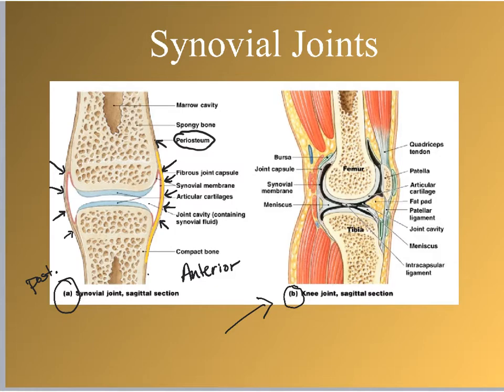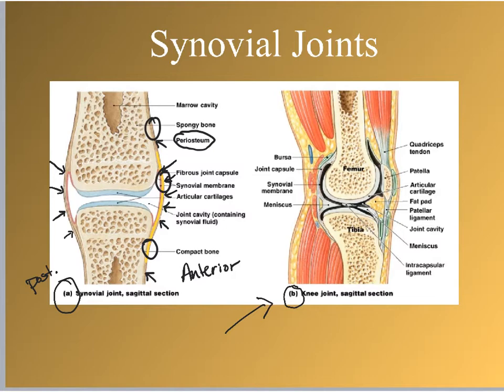So that makes a really tight connection. It's like woven fibers in a very, very fine rug, where the fibers of the periosteum become the fibers of the capsule here, and the fibers of the capsule weave right back into the fibers of the periosteum, making a really nice, strong, tight connection.